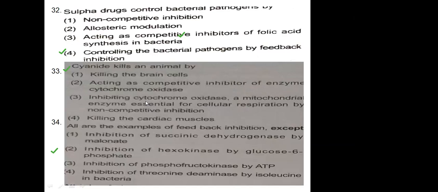Cyanide kills an animal. It inhibits the cytochrome oxidase, a mitochondrial enzyme essential for cellular respiration.